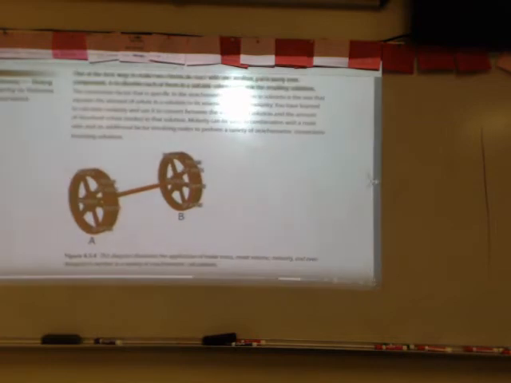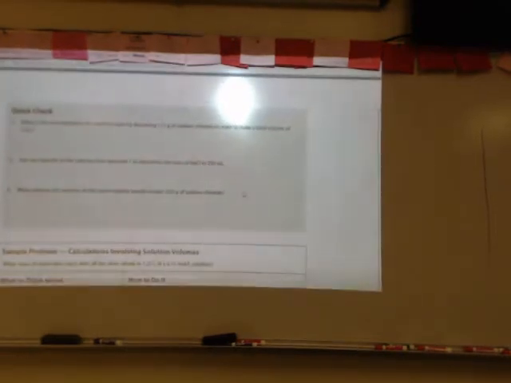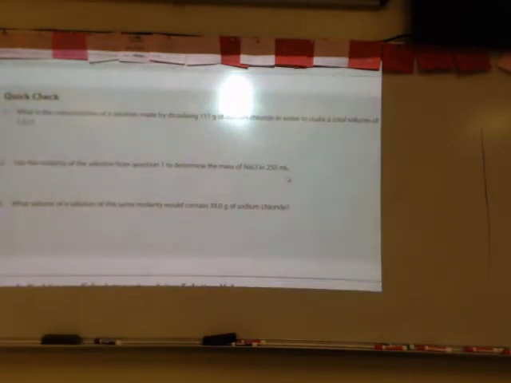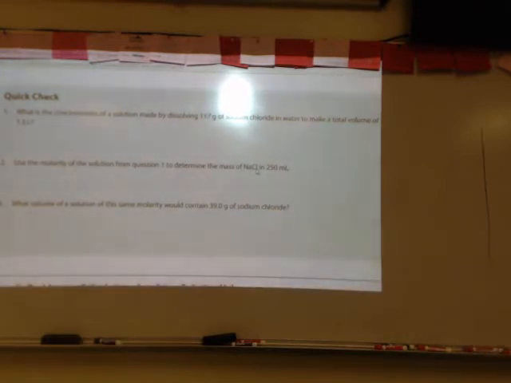So let's take a look at the next page. This quick check is a review of molarity that was completed in a previous section.